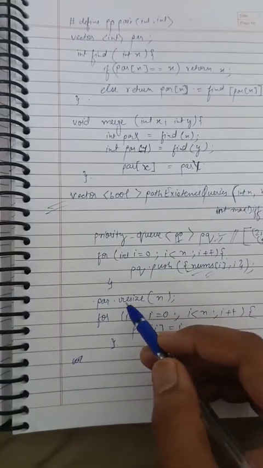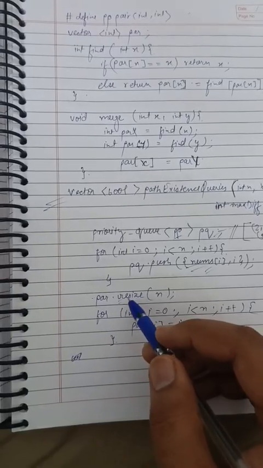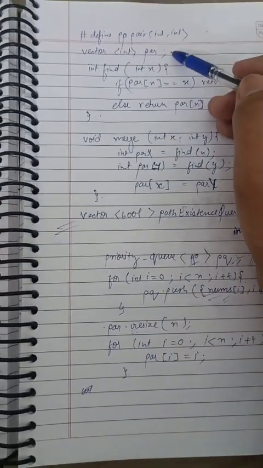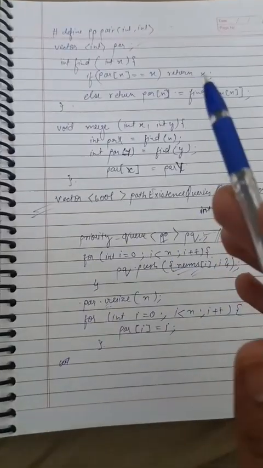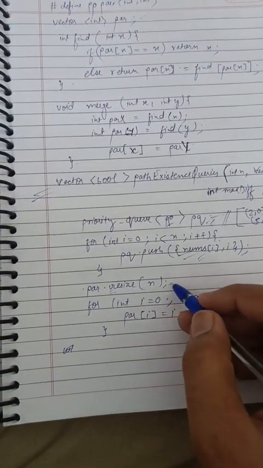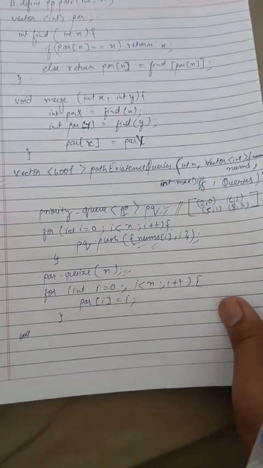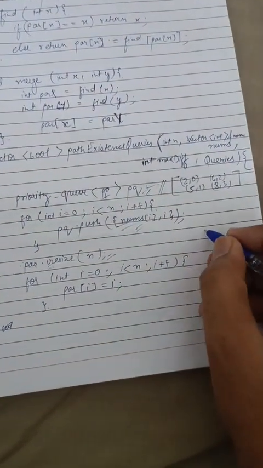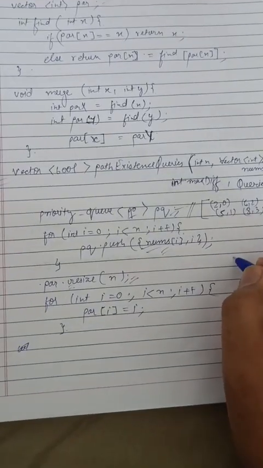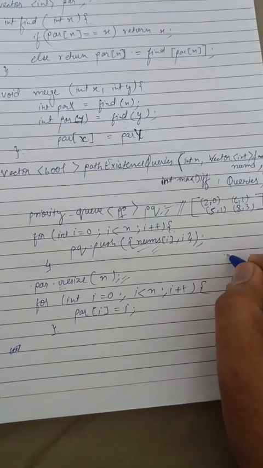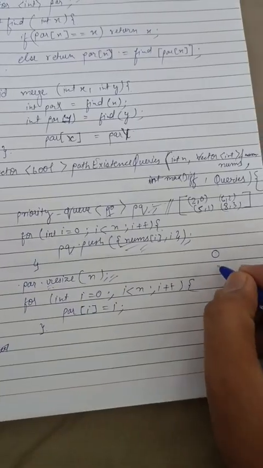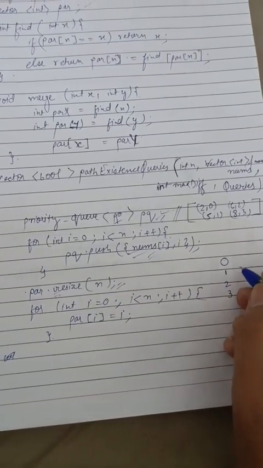Here the parent vector I have initialized, and I am resizing it because it's a global variable, so I am redefining its size. The parent vector will be storing the parents, right? Like there will be 4 nodes, 0, 1, 2, 3.